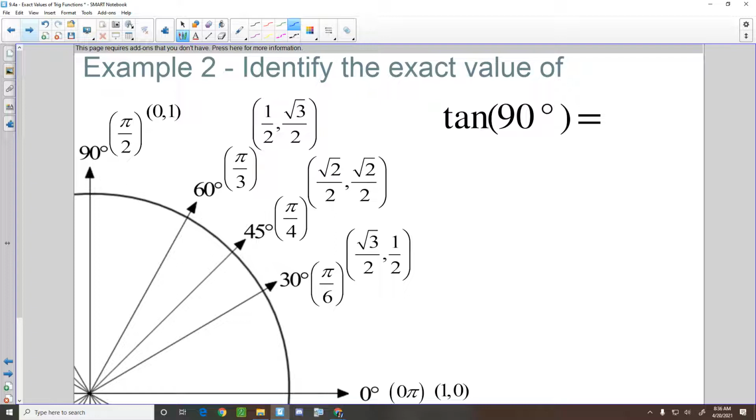Tangent at 90. Again, you can look at my unit circle up on the board. Look at those coordinates at 90 degrees and then think tangent. Which coordinate is tangent? Is that x or y, or is that a combination of the two?